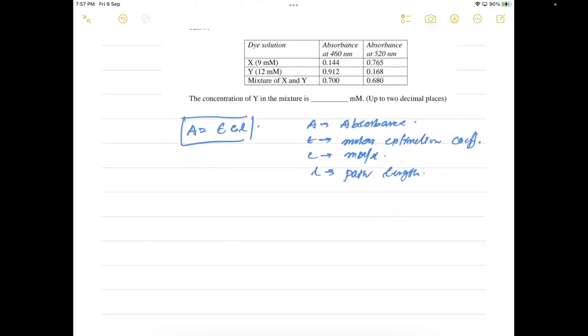So we just have to apply this equation to this table.